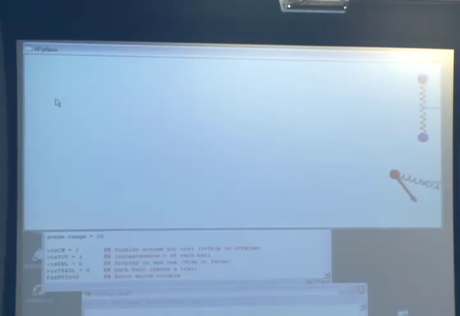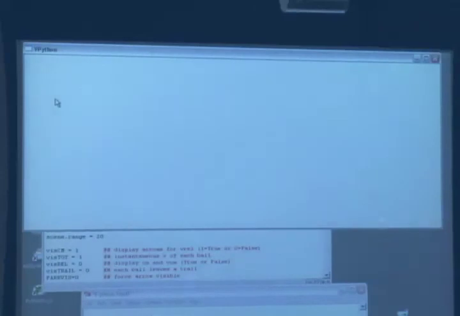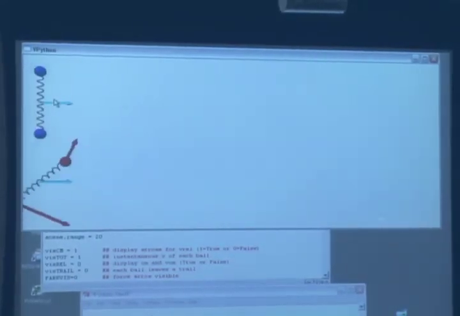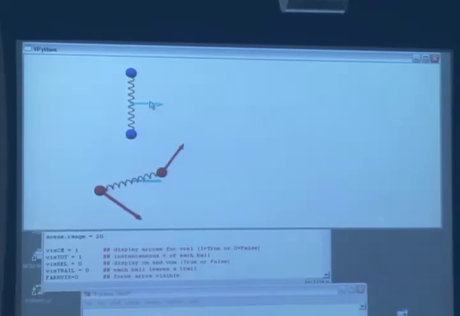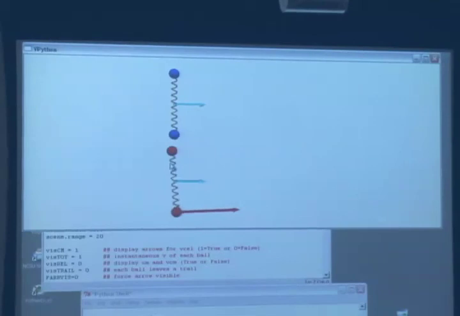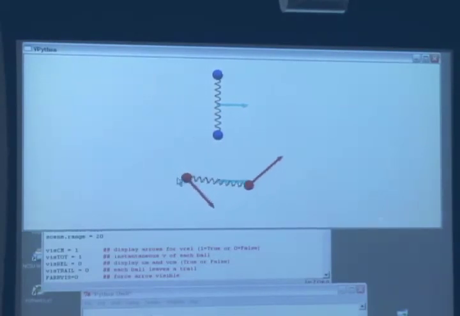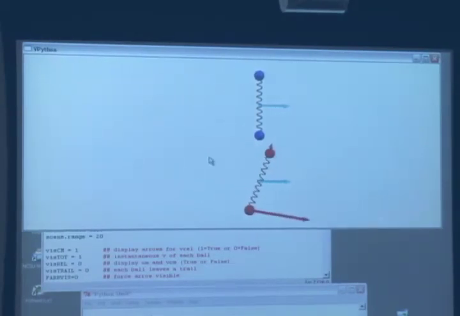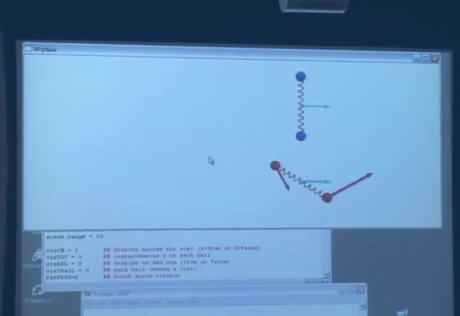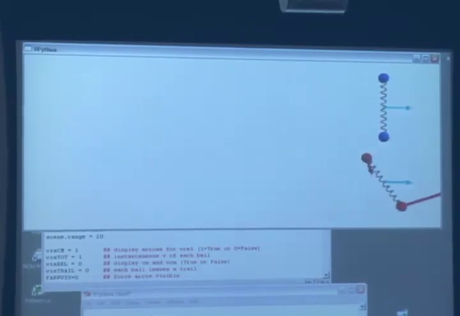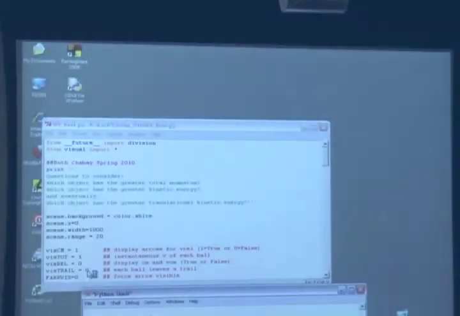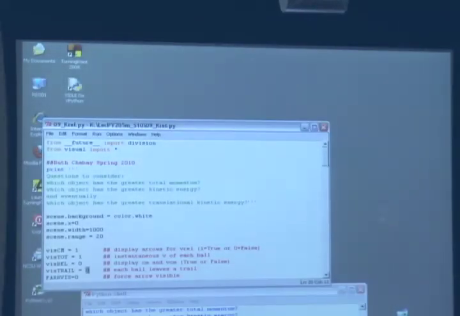The cyan arrow is the velocity of the center of mass, and if we drew red arrows on these two balls, they'd just be exactly the same as this arrow. But the velocity of this ball and the velocity of that ball are rarely actually equal to the velocity of the center of mass. They're doing different things.